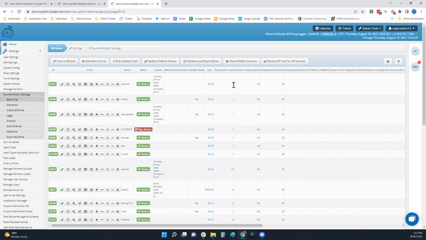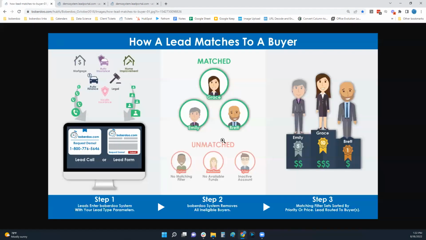In the partners per lead, at one, we are only evaluating exclusive filter set versus exclusive filter set because there is no non-exclusive filter set. The lead can only be sold one time. And so that's a pretty basic setup, just like the filter set that we looked at.